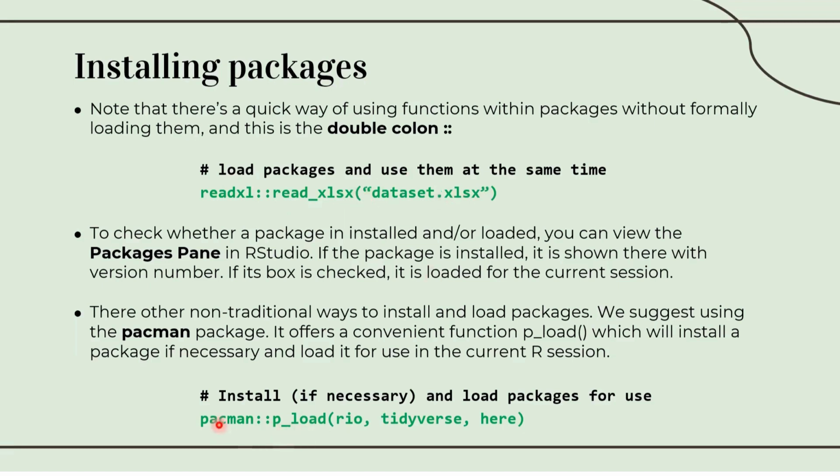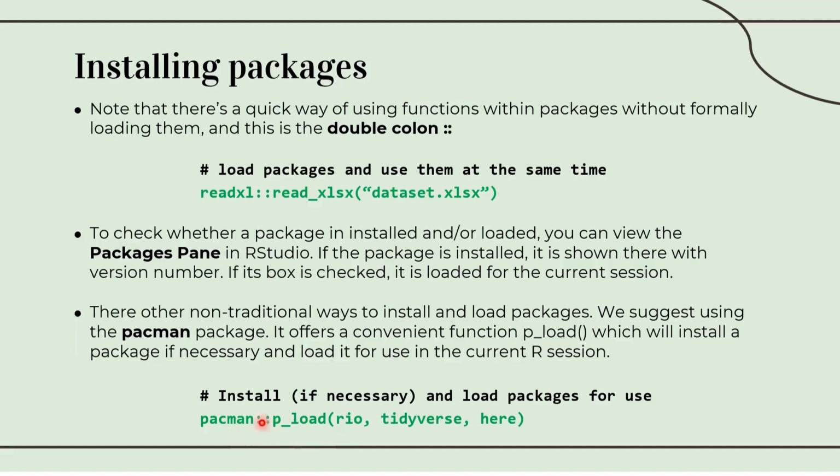In pacman, you don't need to add the quotation mark. What pacman will do is check your library to see if these packages exist. And if they don't exist, then it will go directly to load all these packages for you. So this is another way of loading packages.